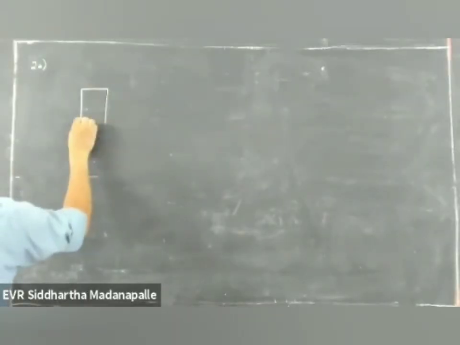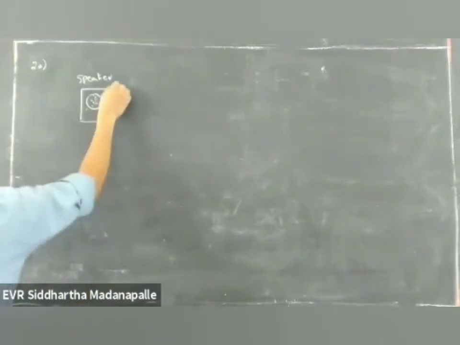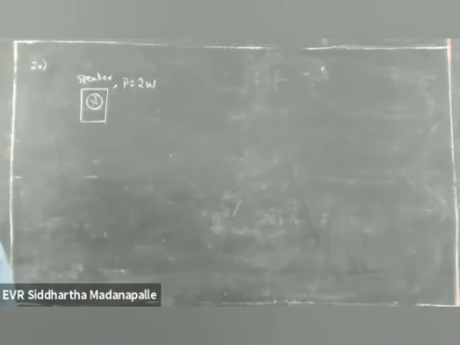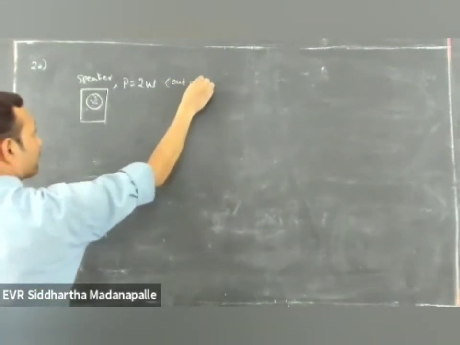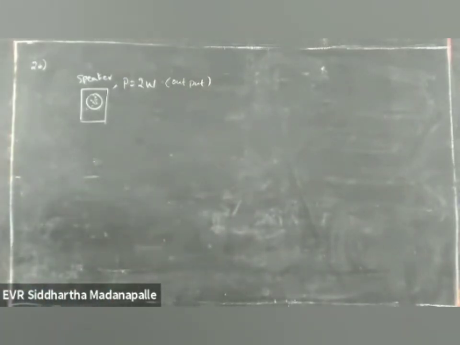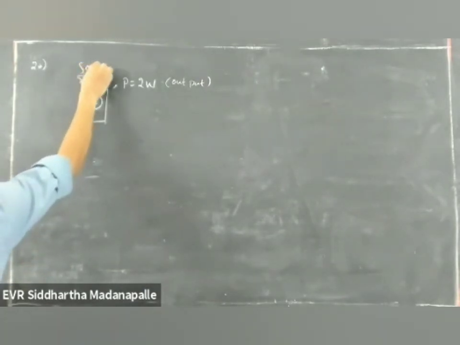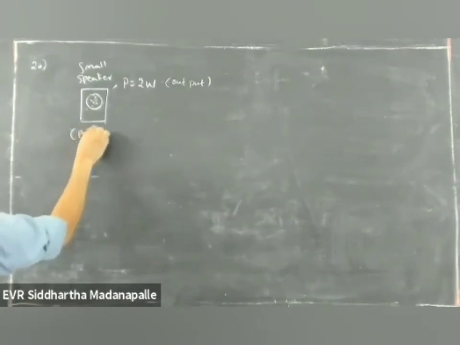Okay, let us consider this point as a speaker here. The output power is 2 watt. This is a small speaker, so we can consider it as a point source.